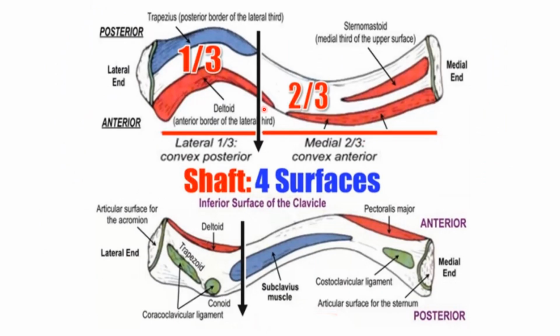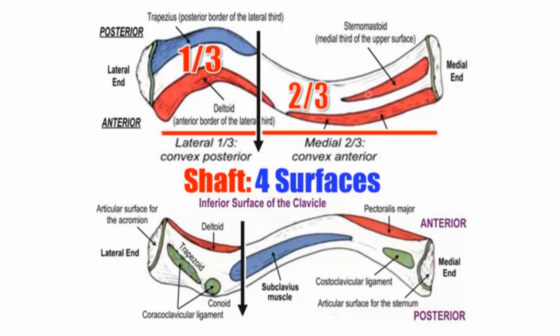We've looked at the sternal end and the lateral or acromial end of the clavicle. So now let's look at the shaft. There are four surfaces on the shaft: anterior, posterior, superior, and inferior. The shaft can also be divided into the lateral 1/3 and the medial 2/3.